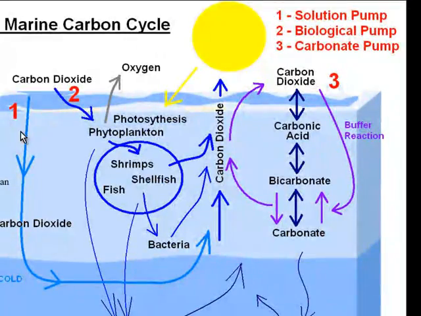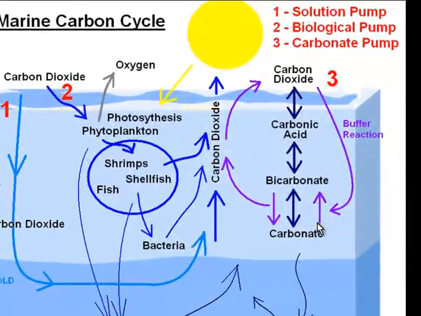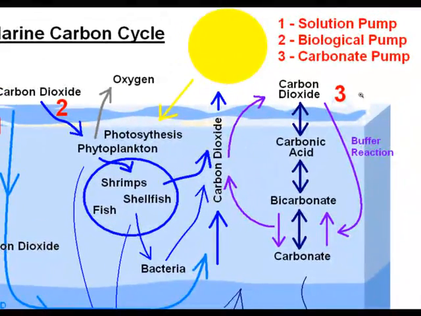So far we've had the solution pump and the biological pump. It's quite interesting. The solution pump, you can almost think of as a sort of physical pump, and the biological pump, yes, it's to do with biology. But the carbonate pump is a chemical reaction which goes on in the sea. So let's start off with the carbon dioxide.